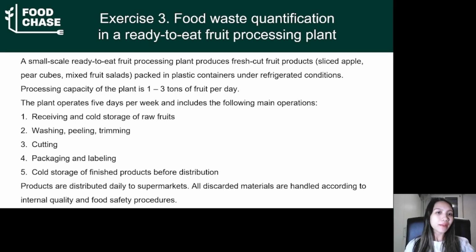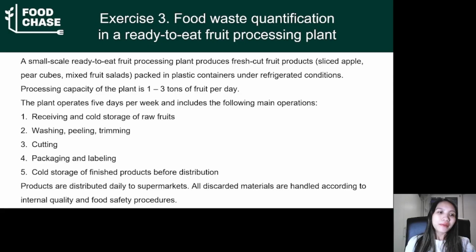The processing capacity of the plant ranges from 1 to 3 tons of fruit per day. The plant operates 5 days per week and includes the following main operations. The first step is receiving and cold storage of raw fruit. Then we have another preliminary operation, which is washing, peeling, and trimming.